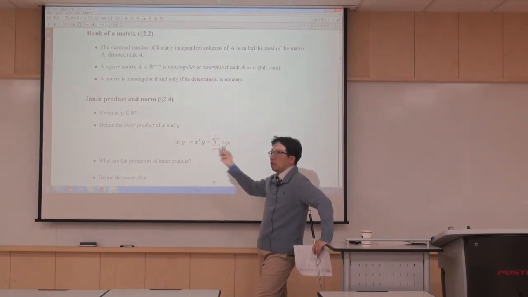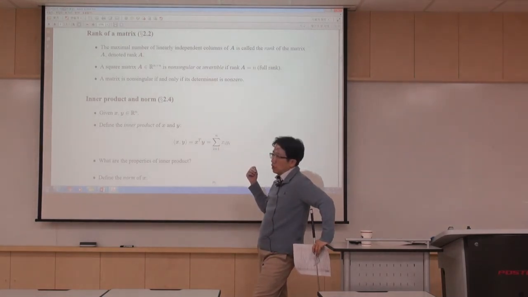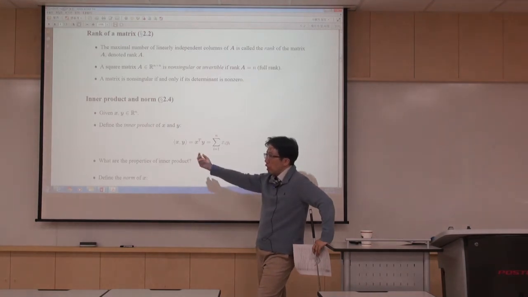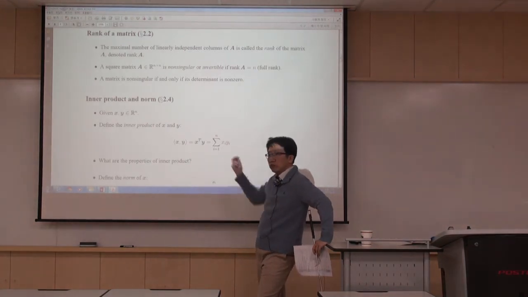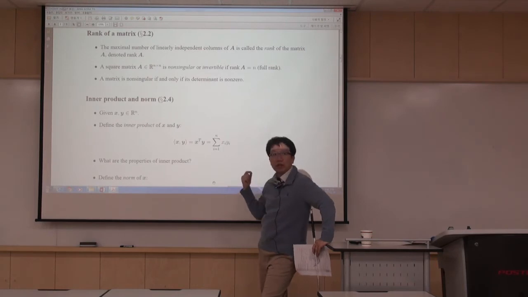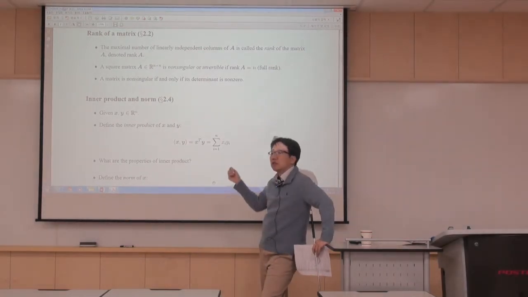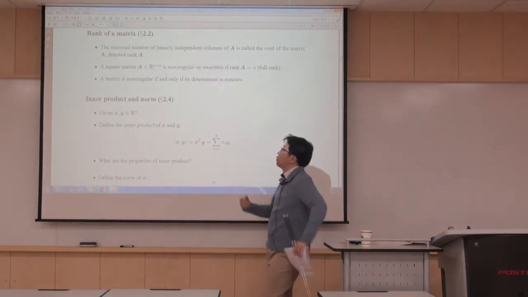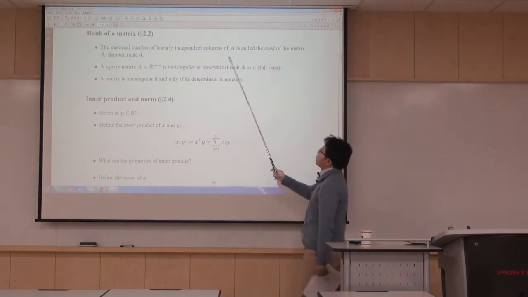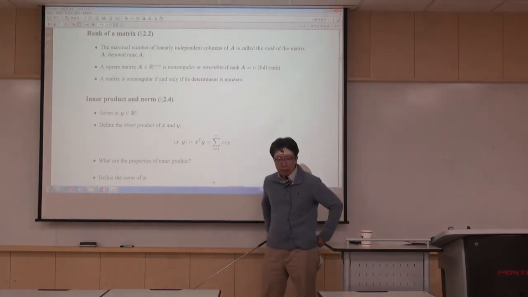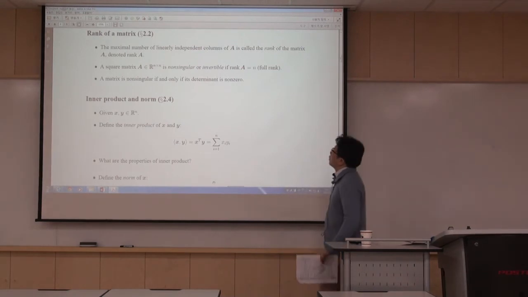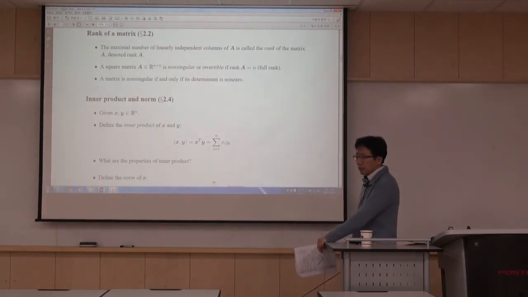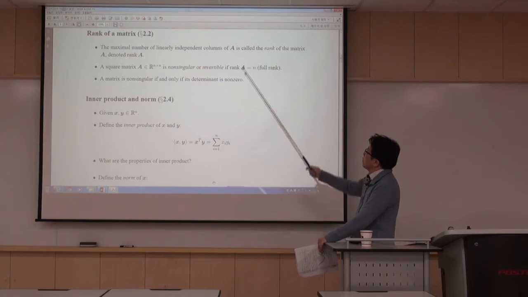Now you choose some 2. If you consider every choice of 2 vectors, and they are linearly independent, then the rank of the matrix is at least 2. Now you consider 3, 4, okay, something like that. So eventually you choose some n columns, and you find that they are linearly independent. Then actually the rank can be said to be n.